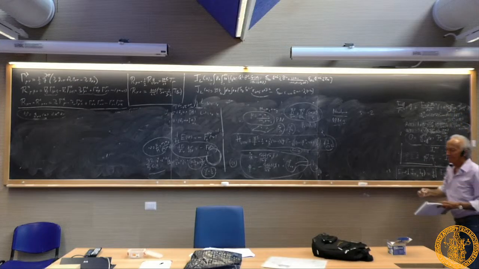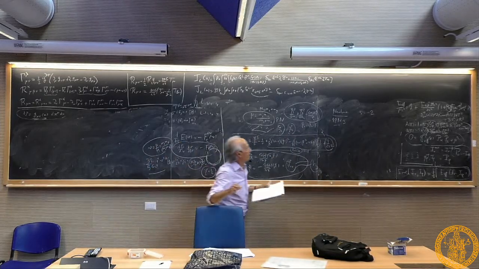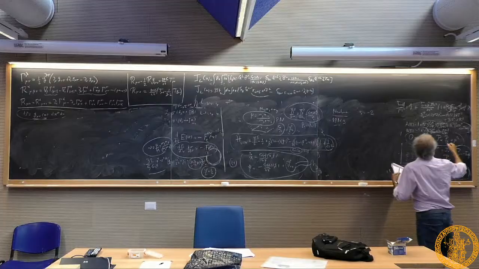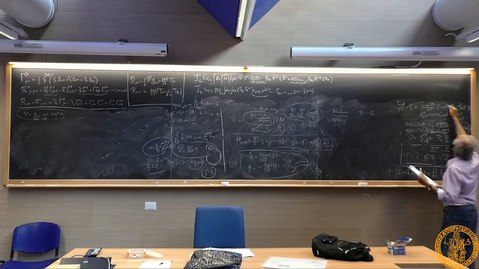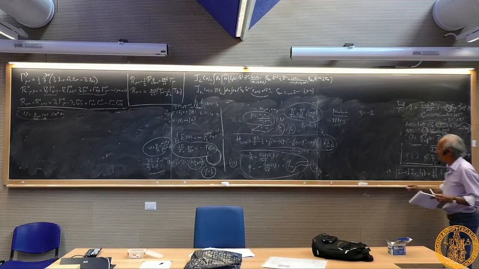So you have 3 unknowns, which are this alpha 1, this A2 now, and this B1.